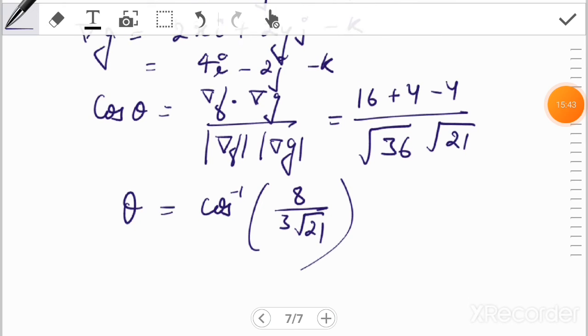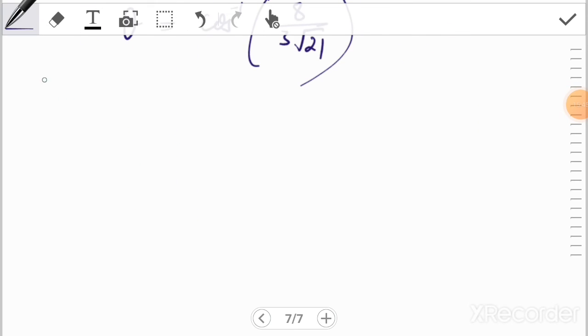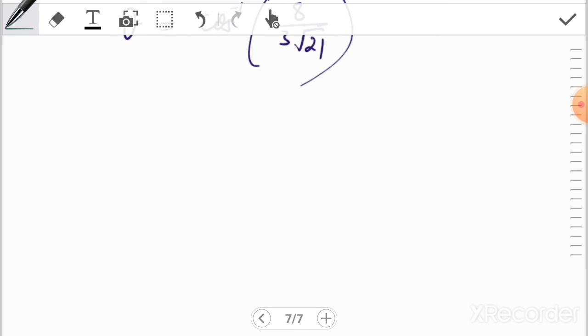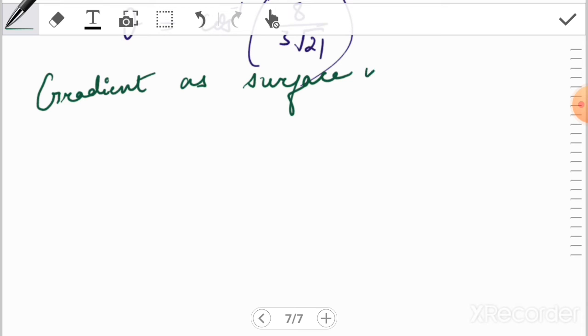Next is gradient as surface normal vector. Gradient as surface normal vector. So let us understand this with an example.